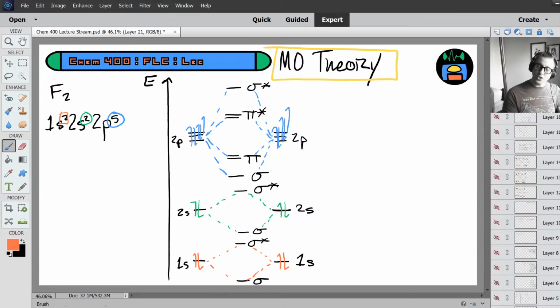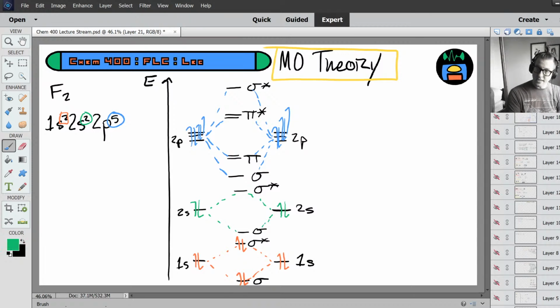We're going to put our first 2 electrons in the lowest energy orbital available, the sigma. Next, we're going to place our next 2 electrons in the next lowest energy orbital, which is the sigma star made from the mixing of the 1s orbitals. So 2 electrons go in there.